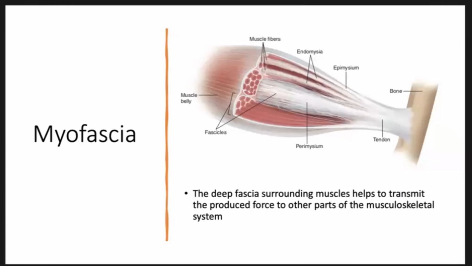So also the fascia just allows muscles to move in a more energy efficient way. Muscles use up energy in the form of ATP, and that energy would easily fatigue the muscle if the muscle was working in isolation.